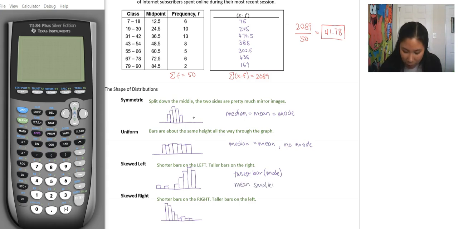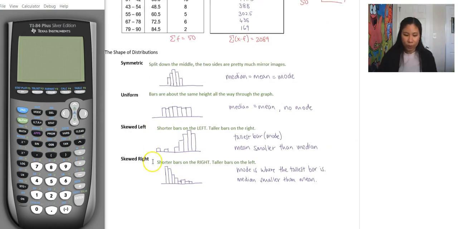Versus the median, since the median is the middle number, if we have more data points to the right of the graph, then the median would also be closer to the right. And so skewed right would just be the opposite. So skewed right is when the median is smaller than the mean.